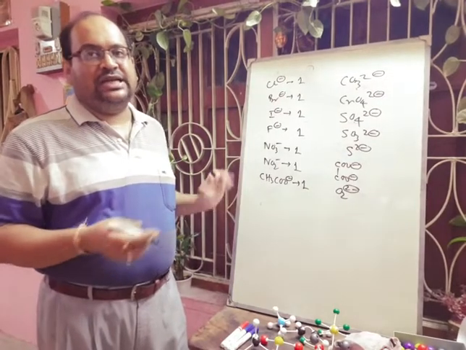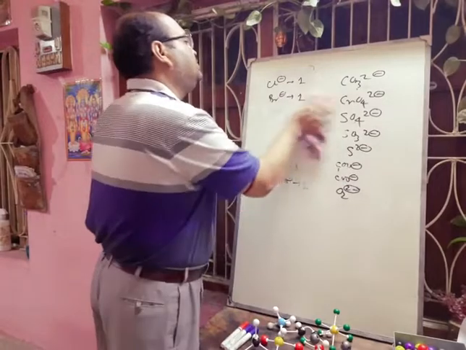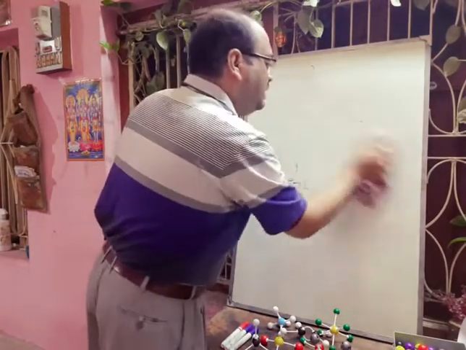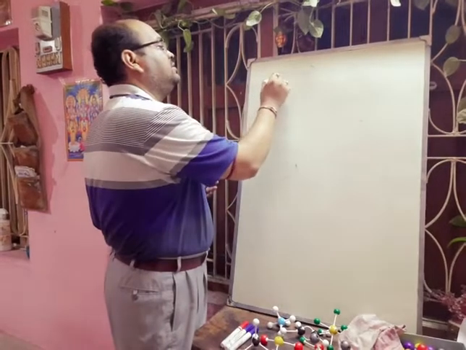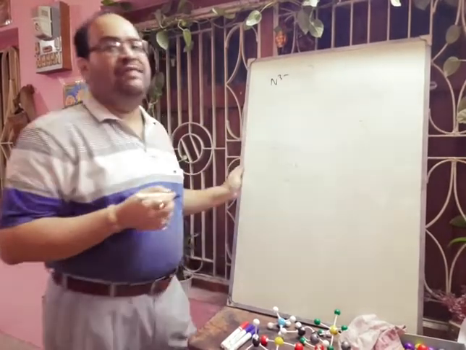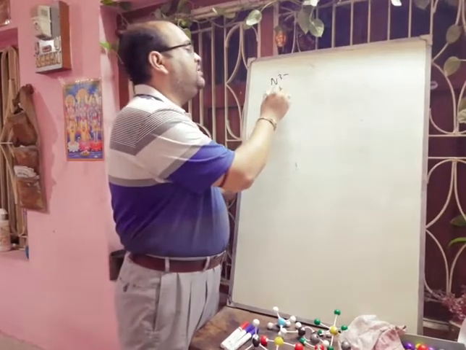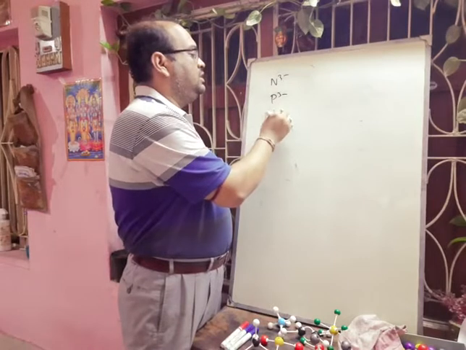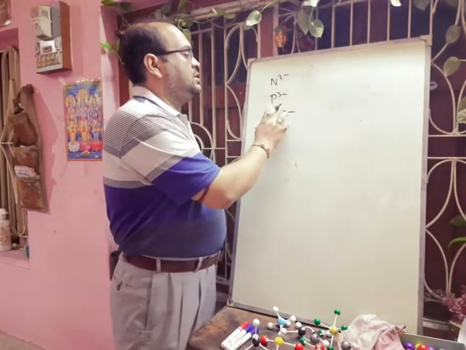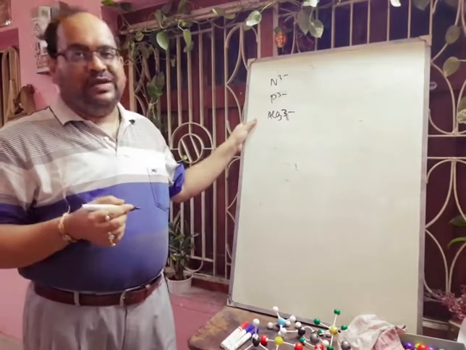Next we will discuss the trivalent acid radicals. First, N3 minus, nitride. So this is a trivalent acid radical. Hope you can understand. Phosphide, P3 minus. AlO3 3 minus, this is the aluminate.